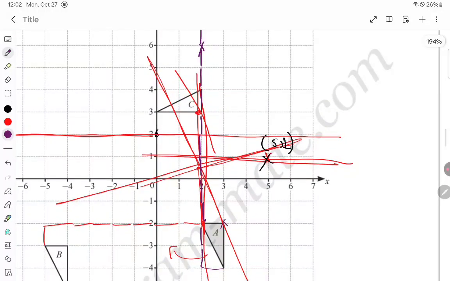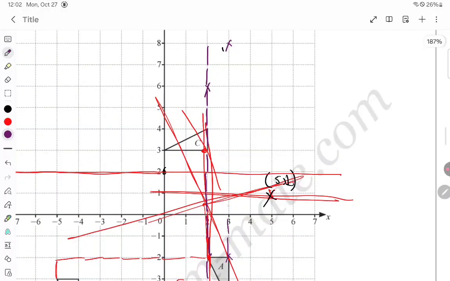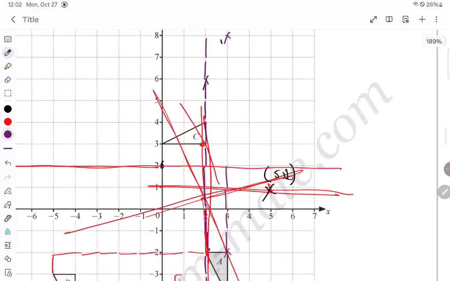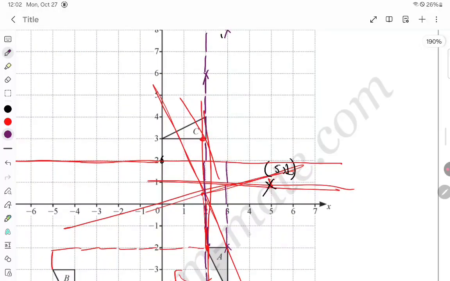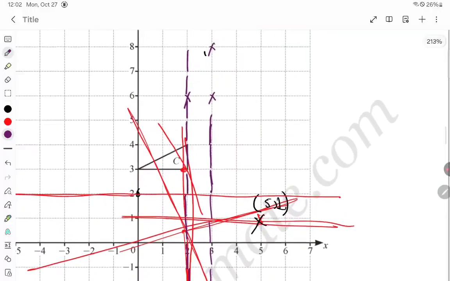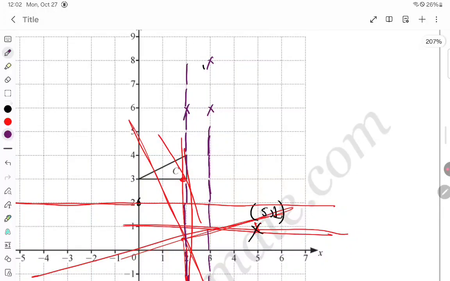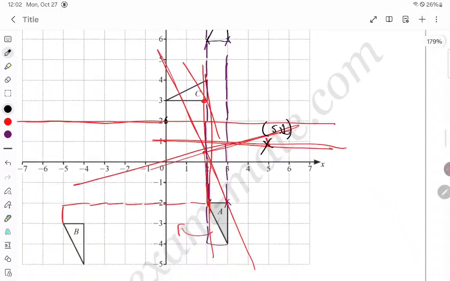And for the third point 1, 2, 3, 4, mark the points. Join the points, and we get our triangle.